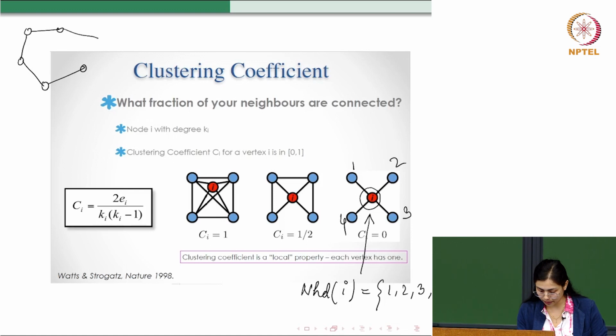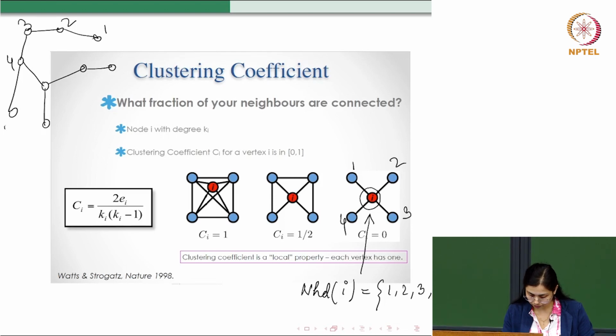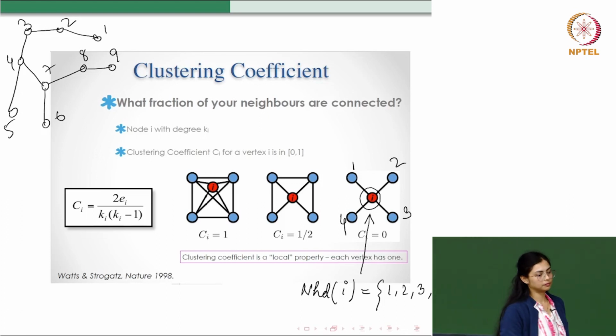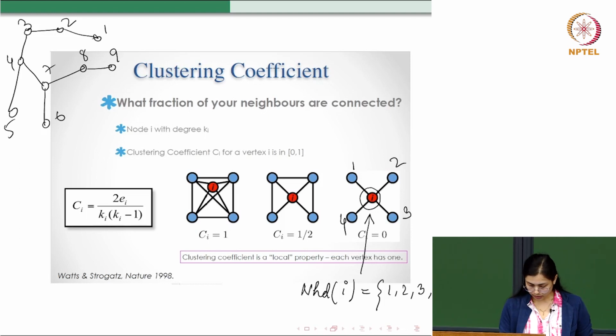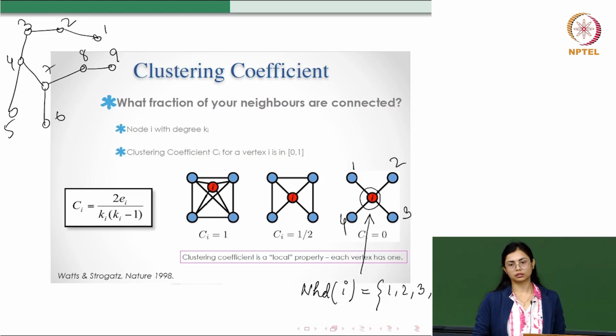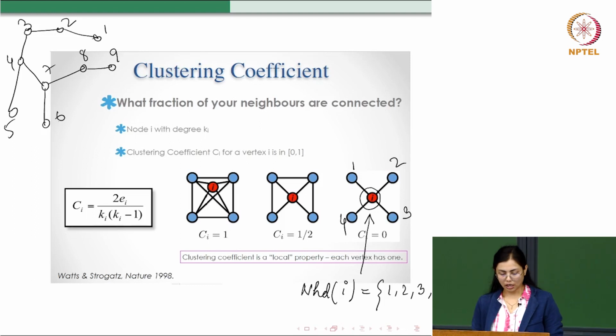This kind of example, say. Label it. Okay. What is the neighborhood of 7? 4, 8 and 6. Correct. What about 3? 2 and 4 are the neighborhood of 3.